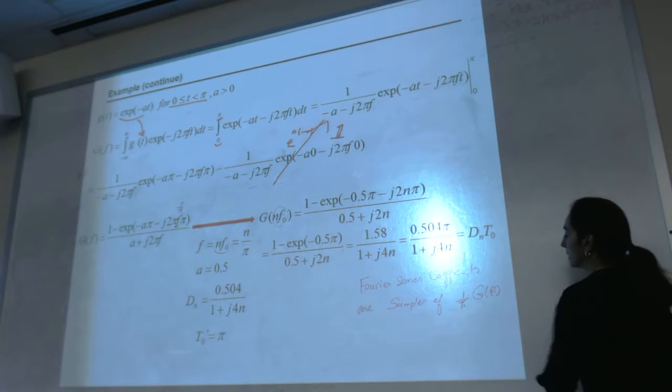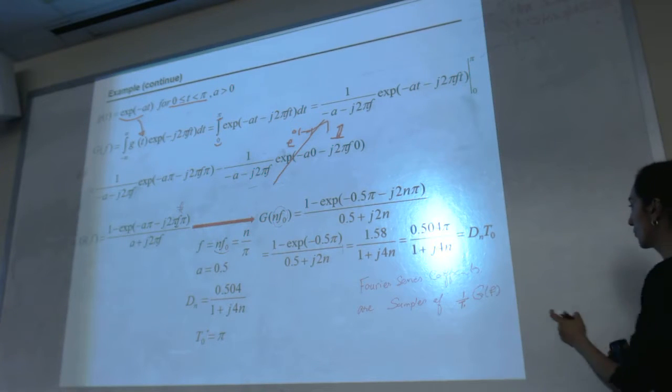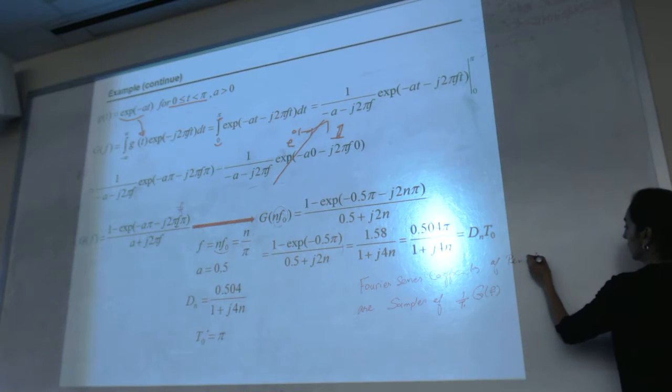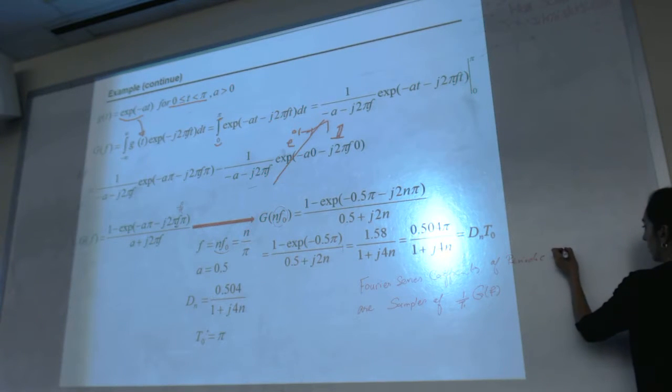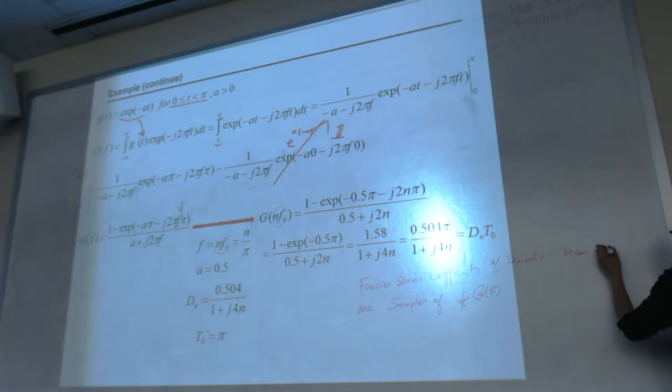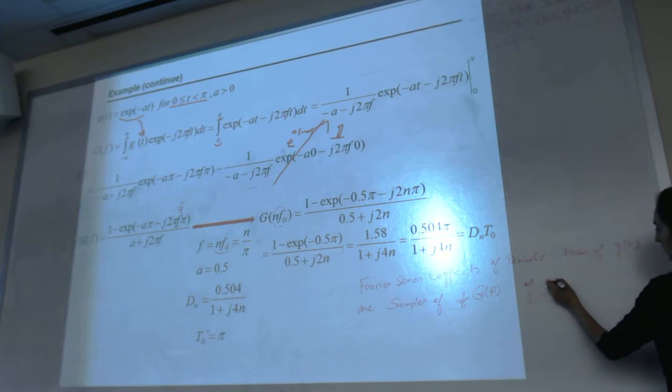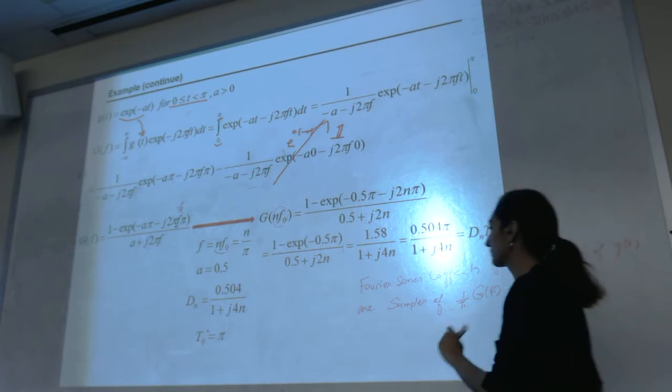Just it has a 1 over t naught in this one. Fourier series coefficients of the periodic version of g(t) are samples of the Fourier transform of g(t).